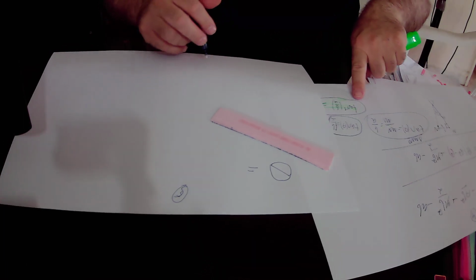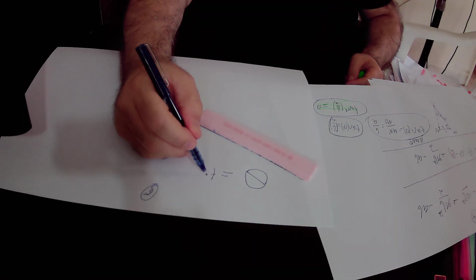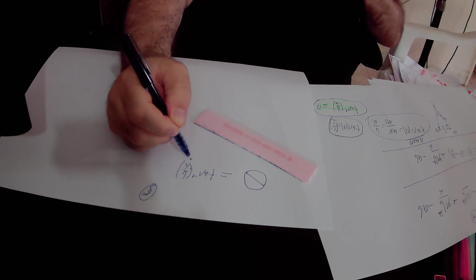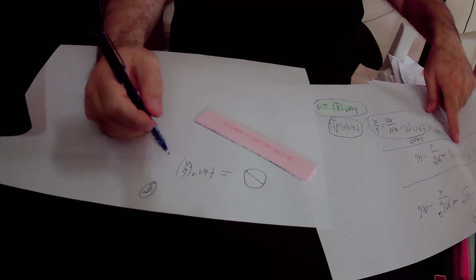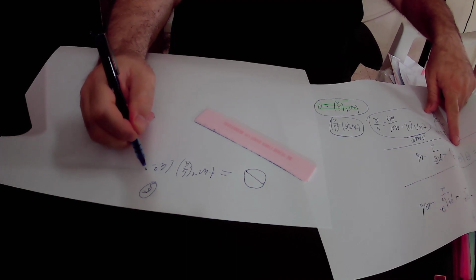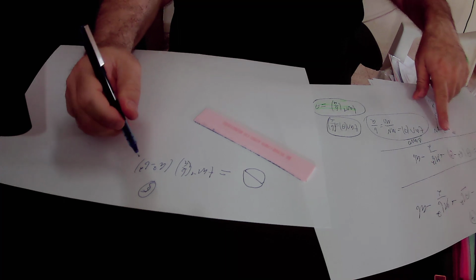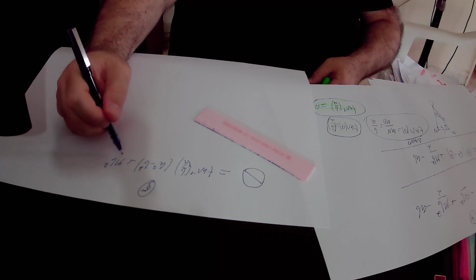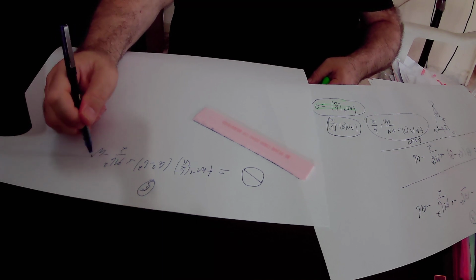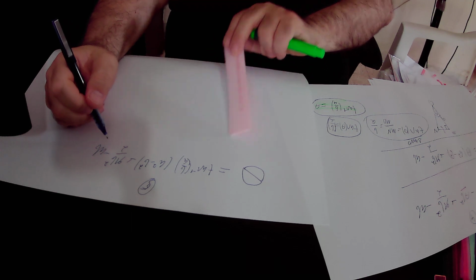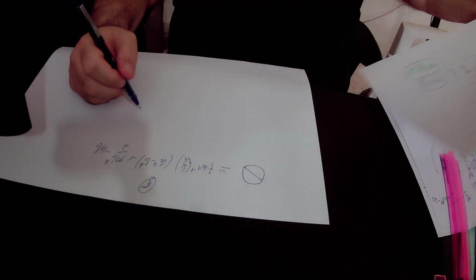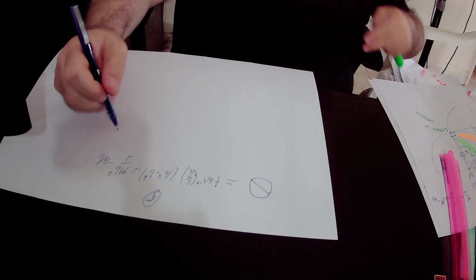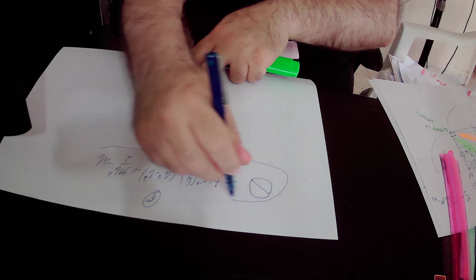We already found out that theta equals tangent minus 1 of B over A, and we have to multiply it by A squared minus B squared plus pi B squared over 2 minus AB. So we actually found out a formula for the area of any lens. This is the formula for the area of any lens.